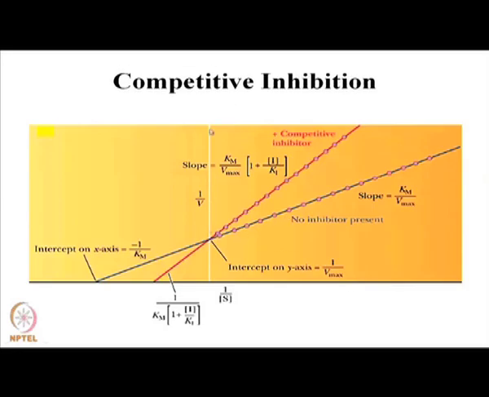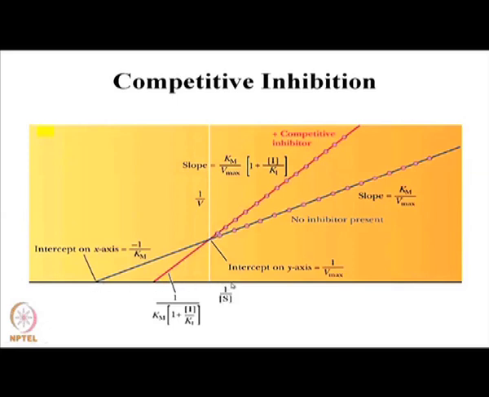here you see that this is the 1 by V axis, the intercept for both red and blue curve is the same, but the meeting point on the 1 by S axis, the intercept on the x axis, is minus 1 by Km. You see this is nearer to this point and this is farther.